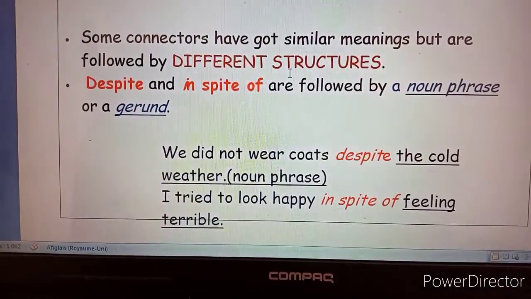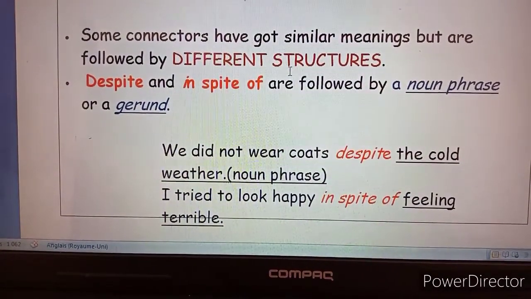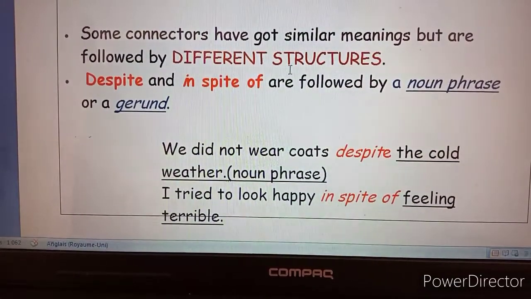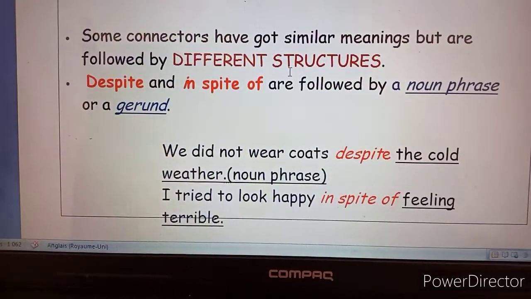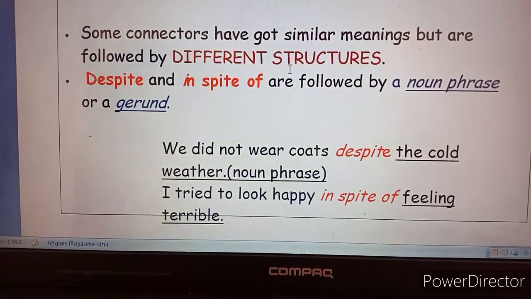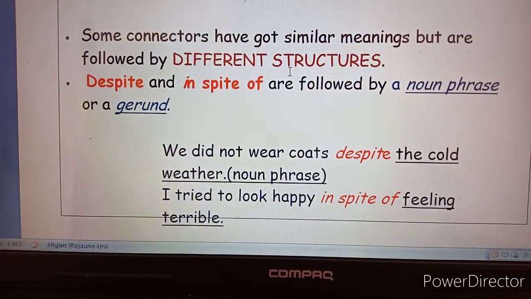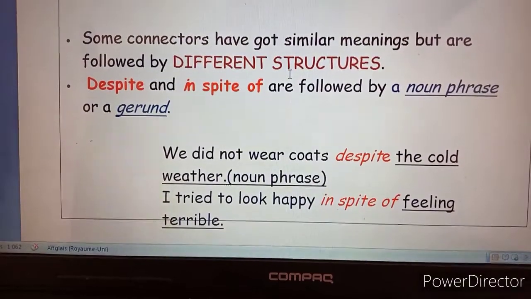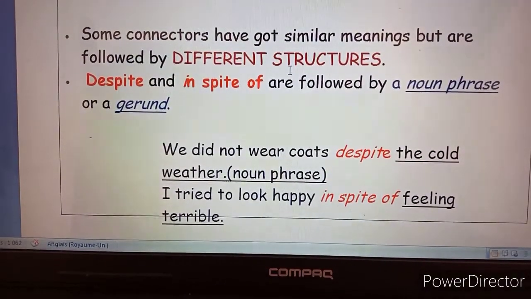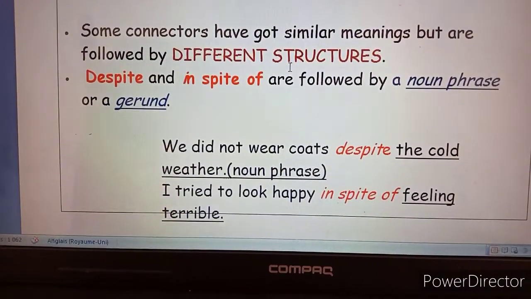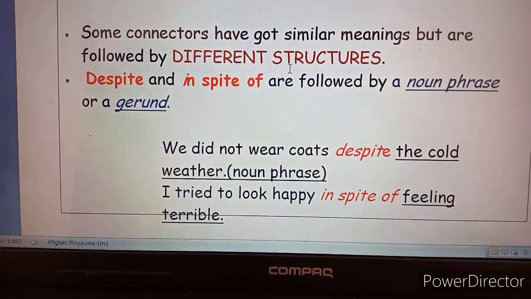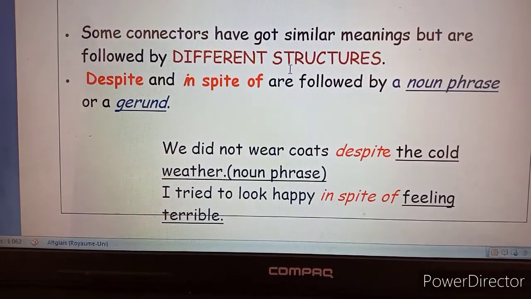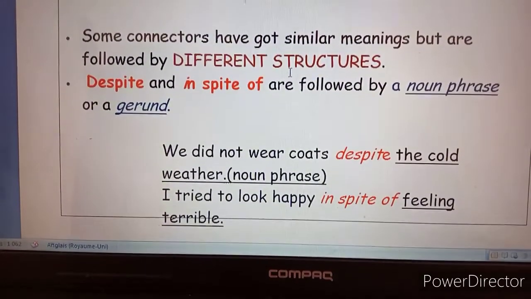Clear? Some connectors have a similar meaning but the structure is different. They can be followed by a noun phrase, by a clause, or by a pronoun. So we will see this now.